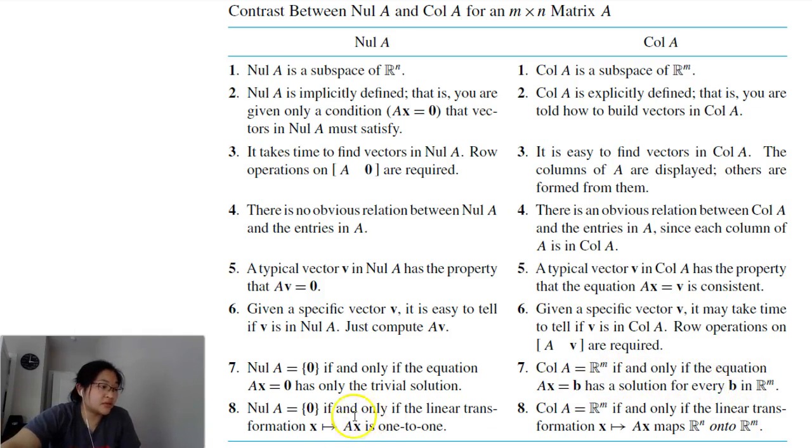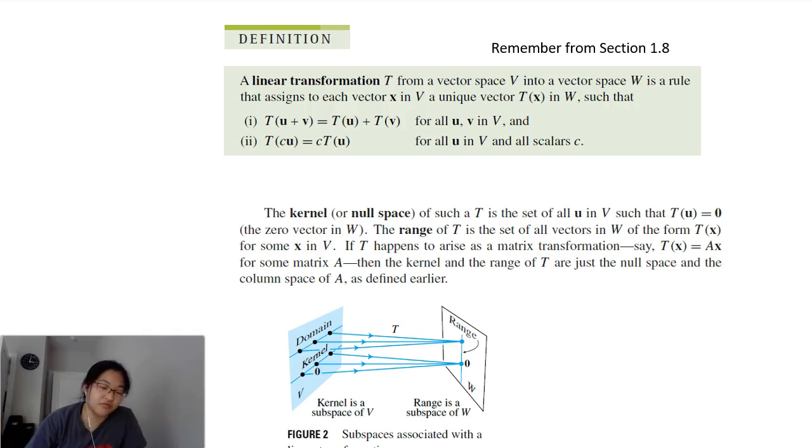And the null space is the zero vector if and only if the linear transformation is one-to-one, and the column space equals Rm if and only if the linear transformation is onto. Jumping off of that, tying everything back to linear transformations: remember from section 1.8, a linear transformation is defined so that addition and scalar multiplication are preserved.